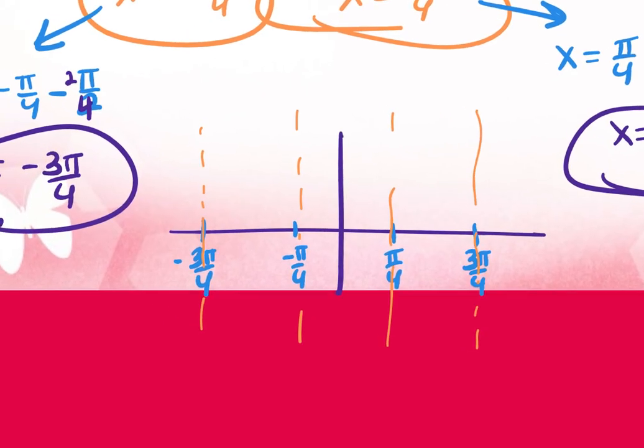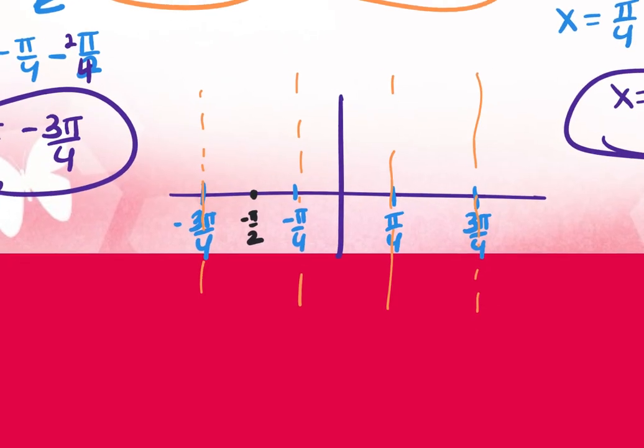Then we're going to find the points halfway between each of these asymptotes. So halfway between negative 3 pi over 4 and negative pi over 4 is what? What's halfway between 3/4 and 1/4? Pi divided by negative pi over 2. Good. Negative pi over 2. Now let's say that wasn't obvious or you didn't figure it out.